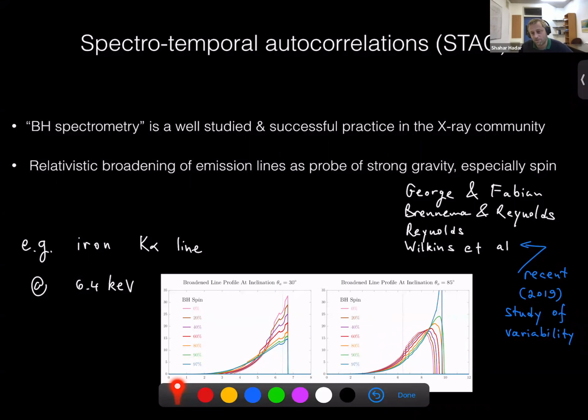And you can try to see how this peak is broadened due to relativistic effects, which constitute both Doppler beaming and gravitational redshift. And this was extensively studied.